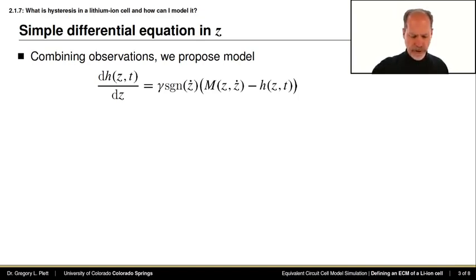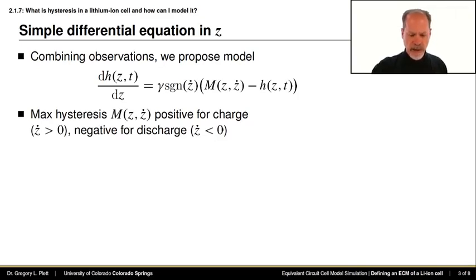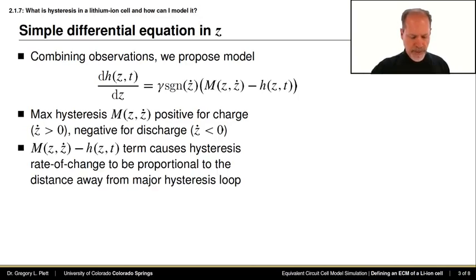So let's think about this. The maximum value of hysteresis, M of Z and Z dot, is positive for charge, so when Z dot is bigger than 0, and it's negative for discharge in order to match the experimental results that you've seen already. The M minus H term on the right side of this equation causes the hysteresis rate of change to be proportional to the distance that hysteresis happens to be away from the major hysteresis loop.